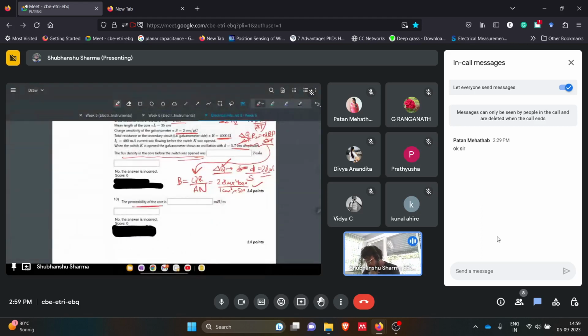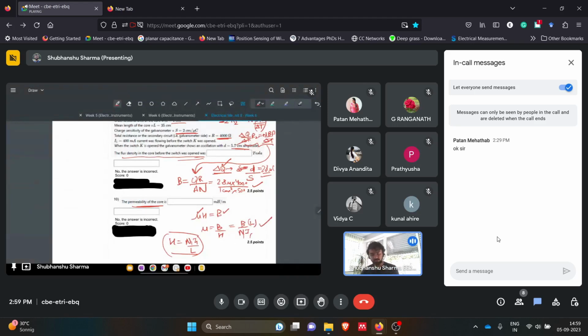And then the permeability of the core. We have mu H equals B. We know B, and we need to calculate mu. So mu will be B by H, where H is the magnetic field intensity, given by N1 I1 by L. Basically the total current, N1 I1, divided by the length of that path will be the magnetic field intensity.